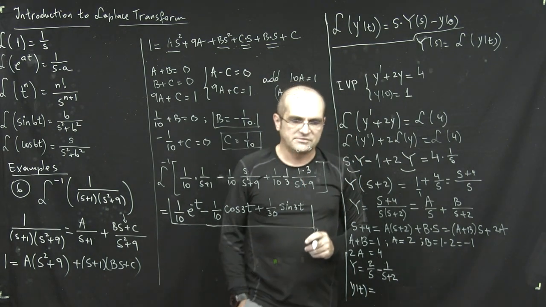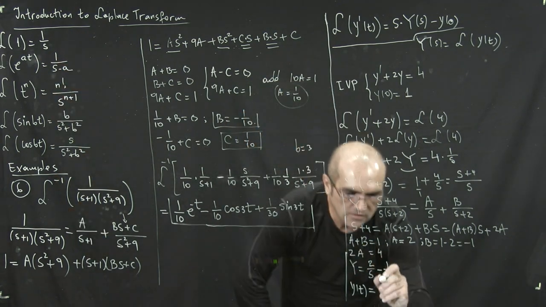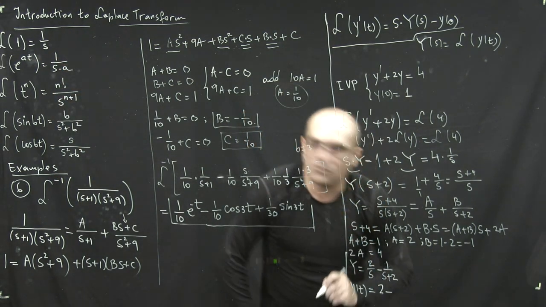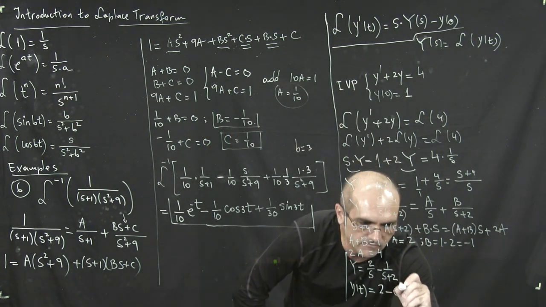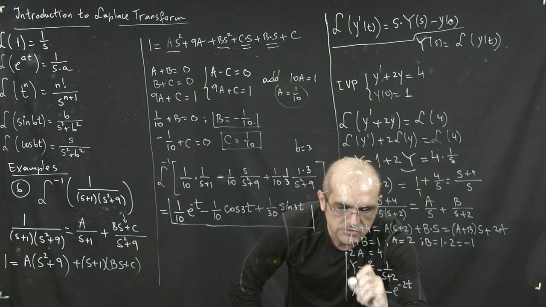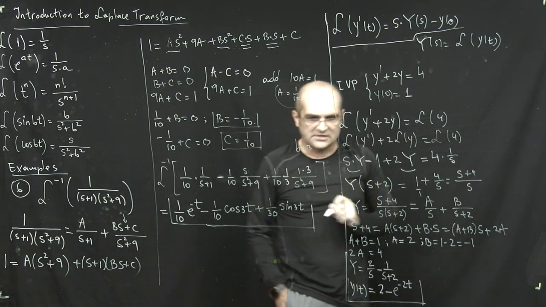It's a very straightforward combination. So 2 over s goes back into 2, and then 1 over s plus 2 goes back into e to the minus 2t. So your solution of the initial value problem is 2 minus e to the minus 2t.